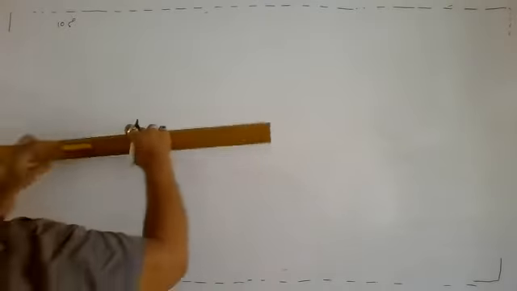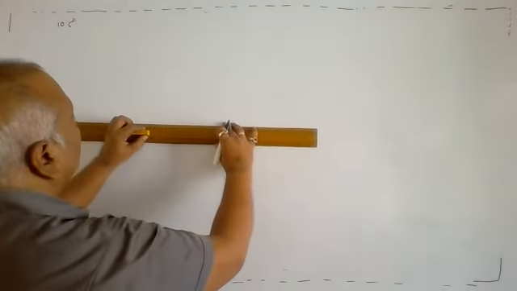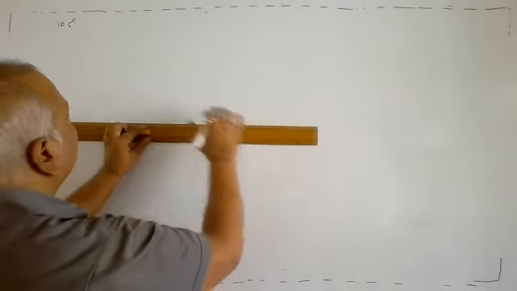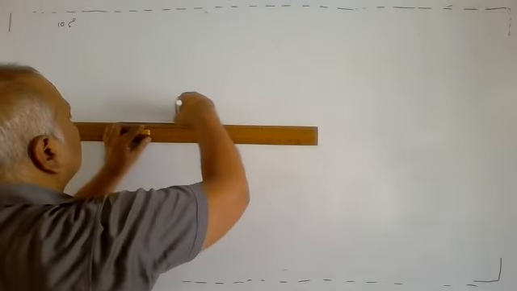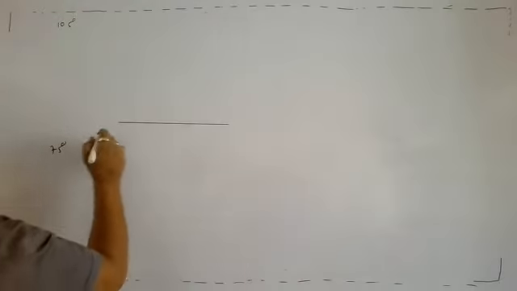So first I will explain 105, and for that draw a base line. Consider it BX.